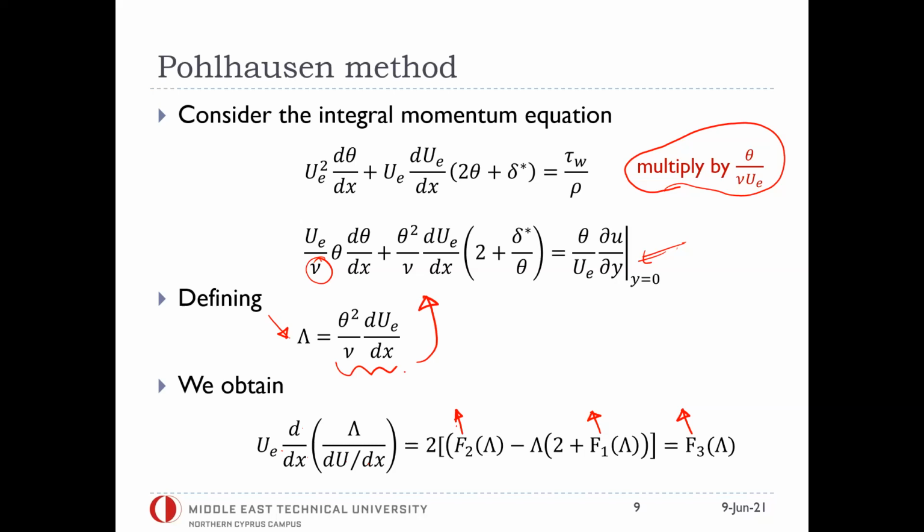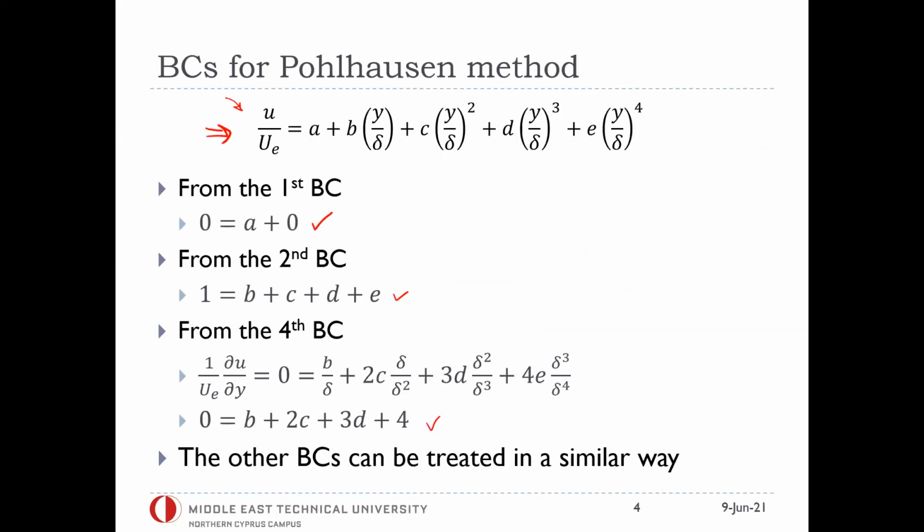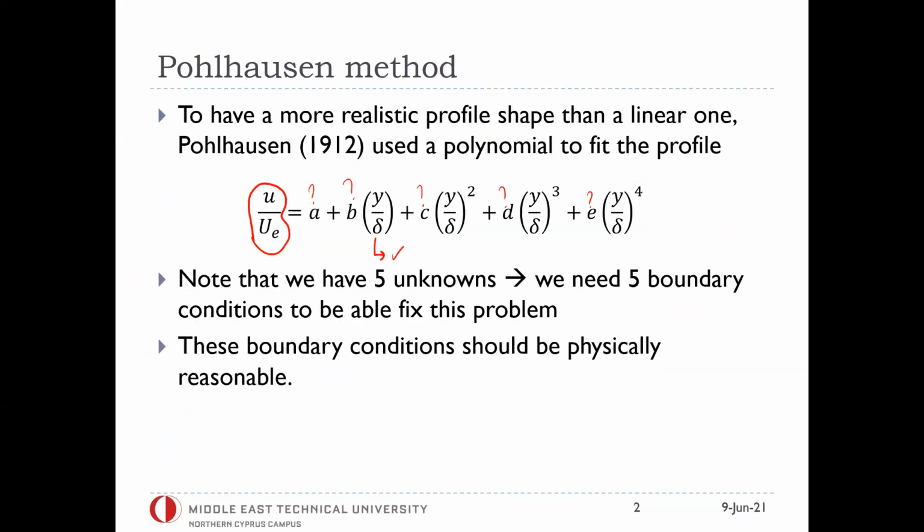Hocam, in this solution, because we have only 5 boundary conditions, we defined the 4th order polynomial. This is the maximum order, right? I mean, we don't have 6 boundary conditions in this flow. Let me try to explain it like this. Pohlhausen assumed a 4th order polynomial, so that there are 5 unknown coefficients which can be determined by 5 conditions.